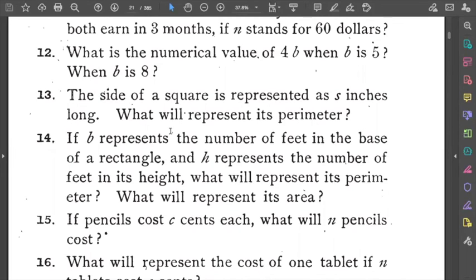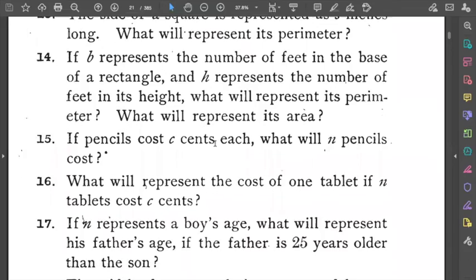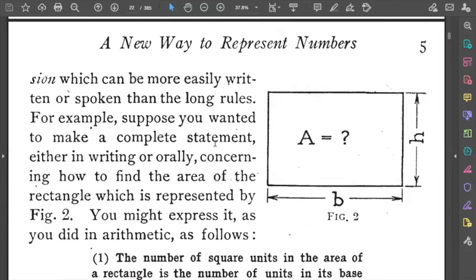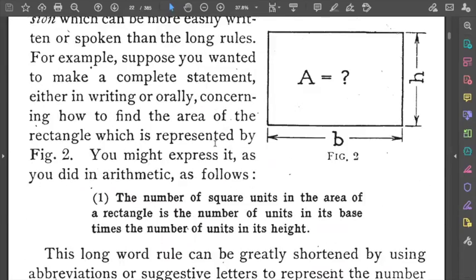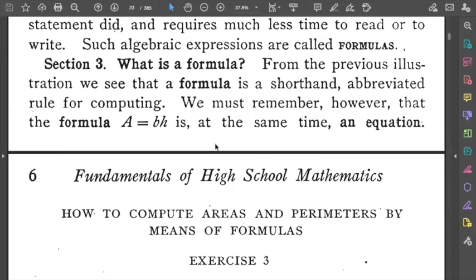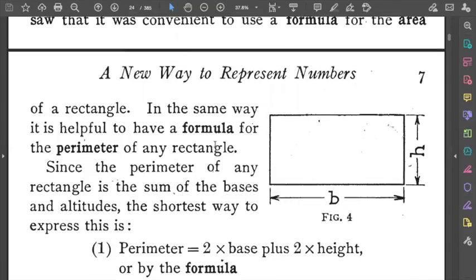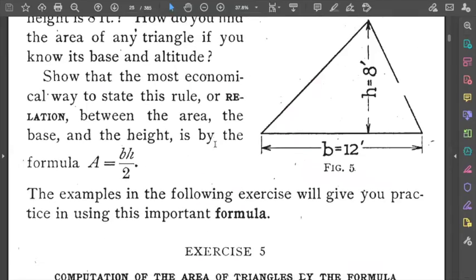Good. 2 into brackets B plus H. And don't forget the formula for area is B times H. Yes, B times H. Good. Now don't forget the formula because when we meet next time, we are basically going through the area and the perimeter of triangles and this one. Very, very easy and important.